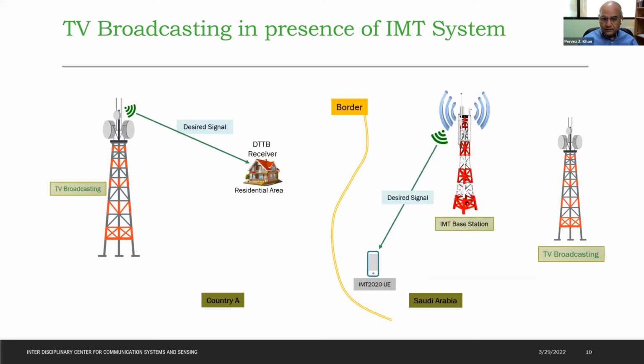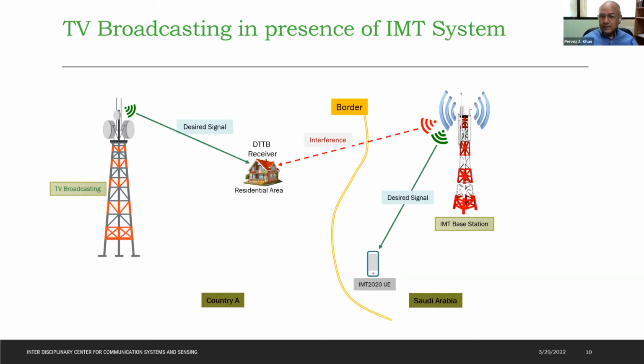So you have the IMT user equipment, which is receiving the correct signal, but you want to remove the TV broadcasting and have it completely taken over by the IMT base station. So what happens? This IMT base station starts interfering with the DTTB. And apart from that, the users, if they are very close by, can also interfere with the DTTB receiver and disturb the reception.